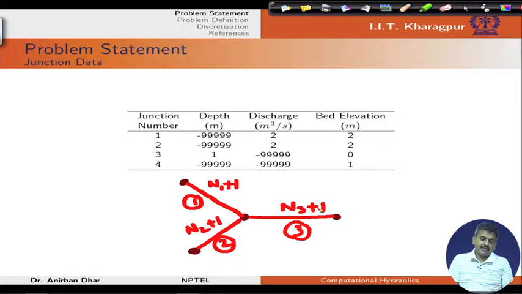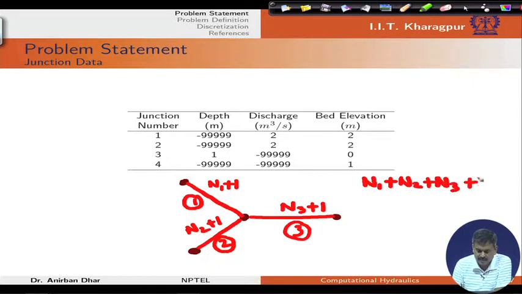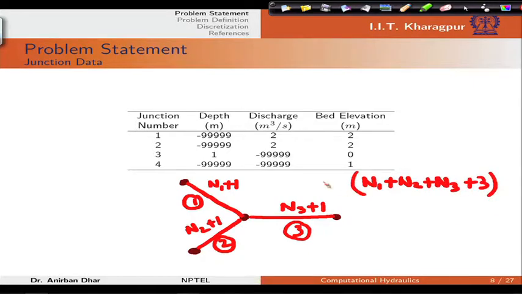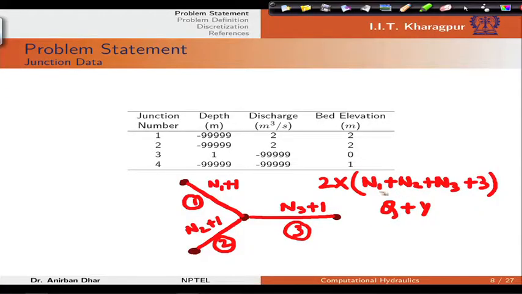So, in this case, for a particular time step, we have N1 plus N2 plus N3 plus 3, into 2 unknowns. That means we have depth and discharge. If you add depth and discharge values, this many discharge and this many depth values are unknown.